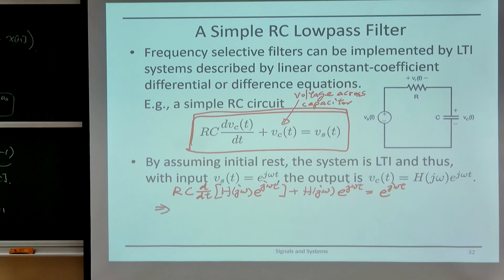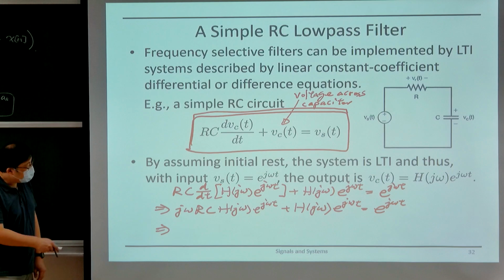So then if you work out the derivative, this will give you j omega RC h of j omega e to the j omega t plus h of j omega e to the j omega t equal e to the j omega t. Okay?